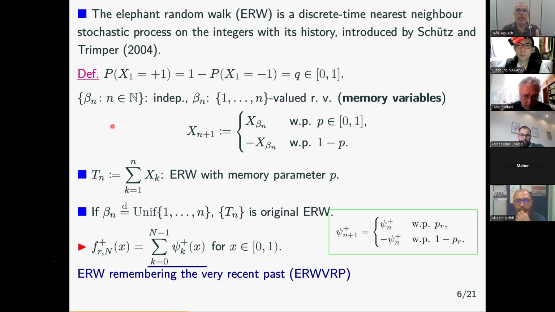At time n plus 1, he chooses only step n, and with probability p, he repeats the same step. With probability 1 minus p, he does the opposite step. So beta n is not very useful in this talk, but Yuzaburo introduced beta n just to give some information about the original elephant random walk.